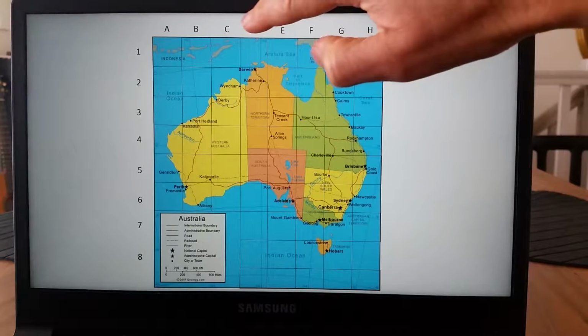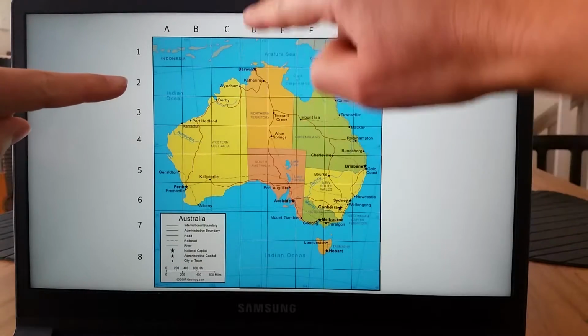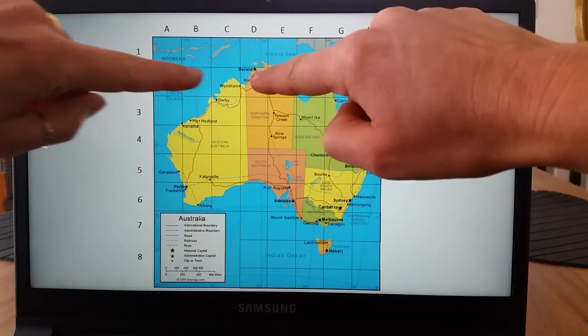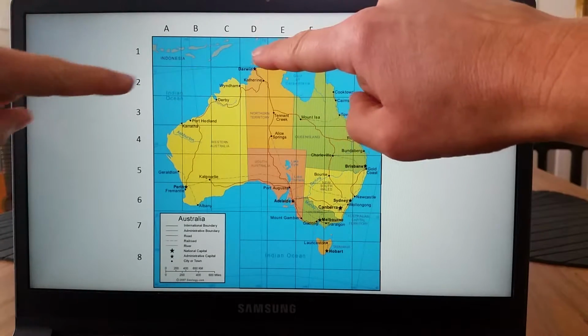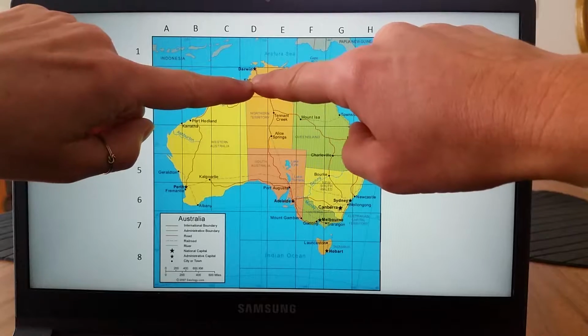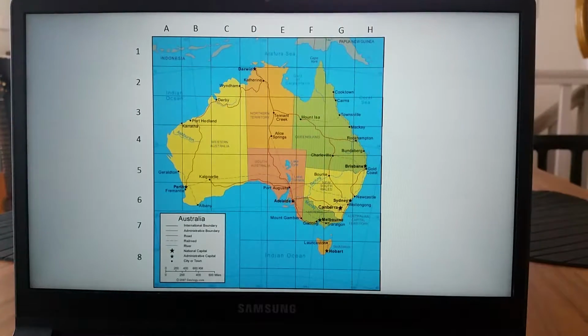So if you find D and 2, travel down along the D column and across from the row for 2. Where they come together, where they intersect, that's box D2, and that's where you find Darwin.